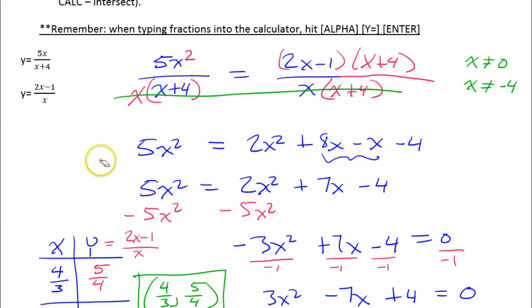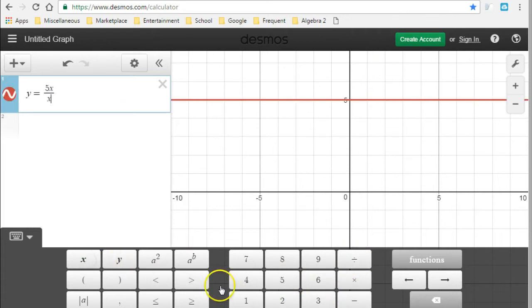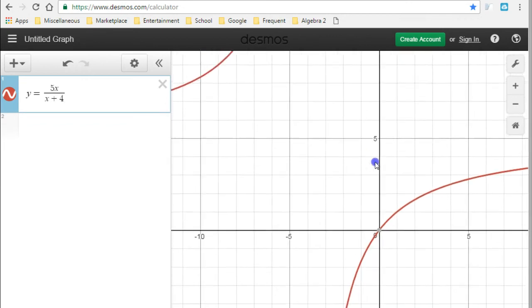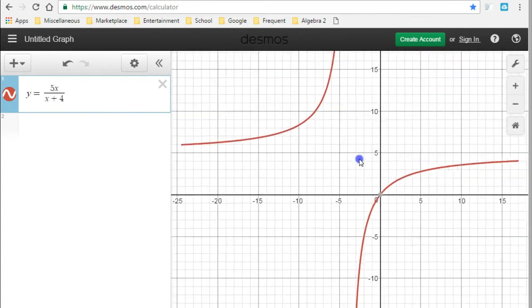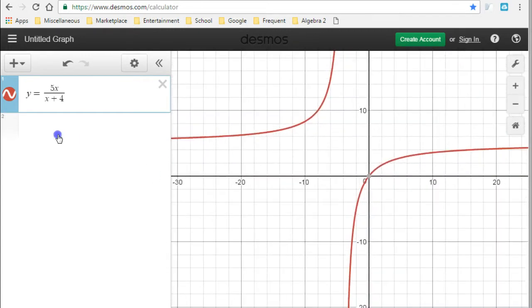Anyway, our first equation is y equals 5x over x plus 4. So I'll just type that in. y equals 5x over x plus 4. It's a little bit hard to see. Let's see, can I make this a little smaller? Change the scale. That's pretty good.